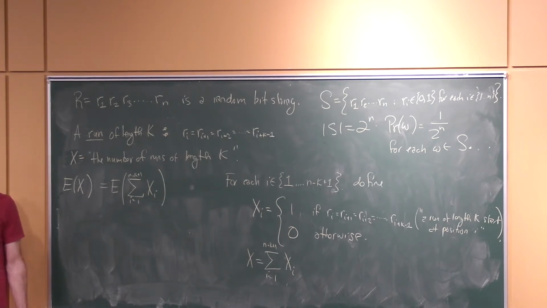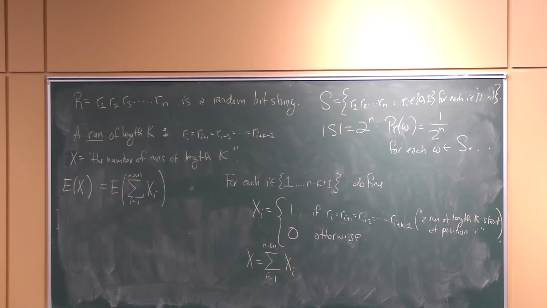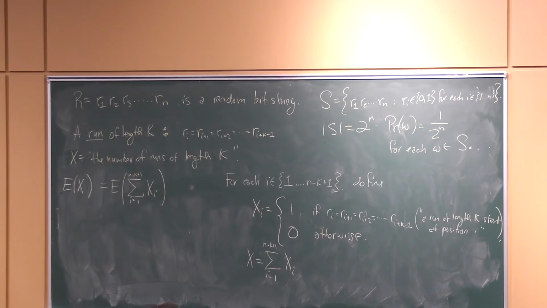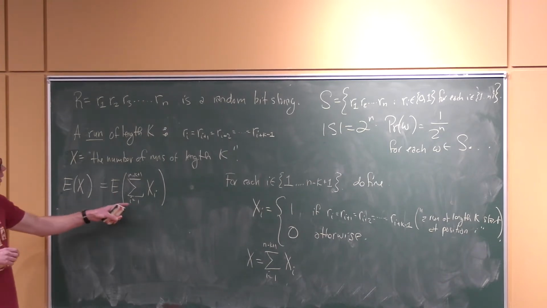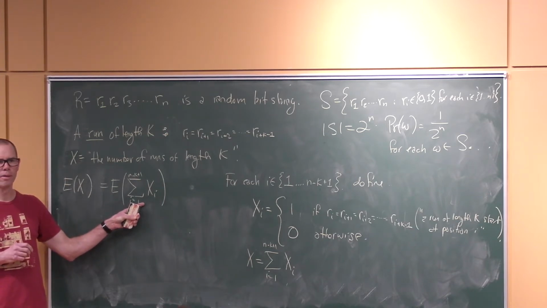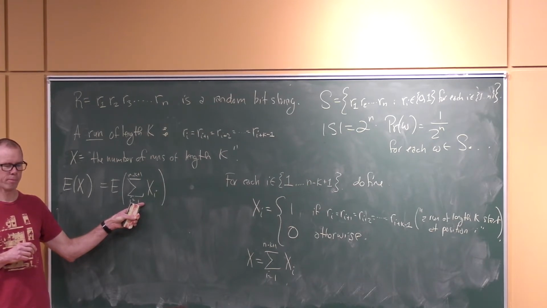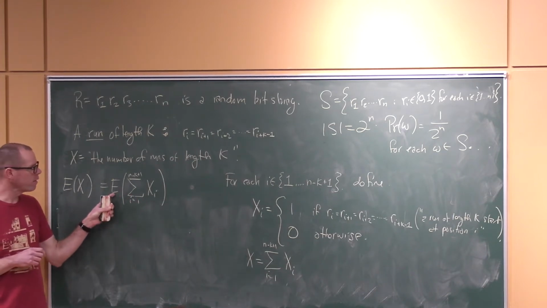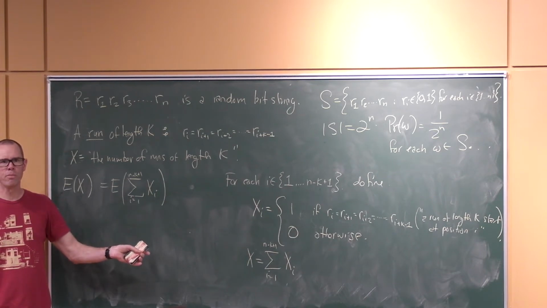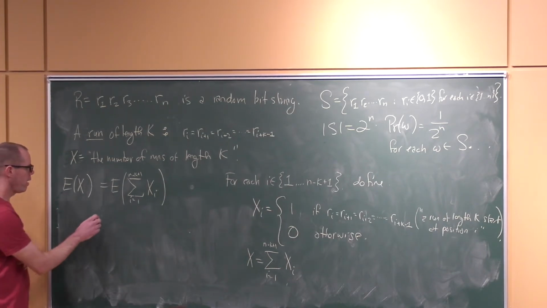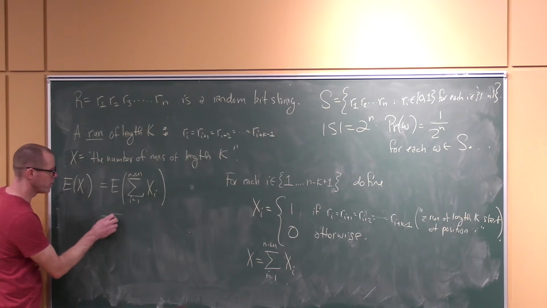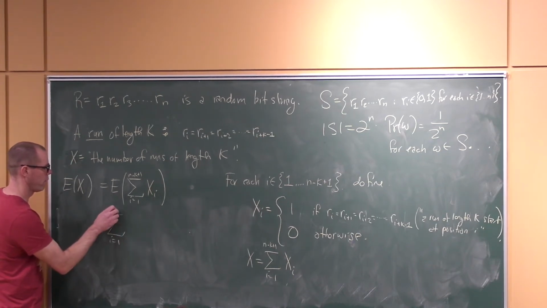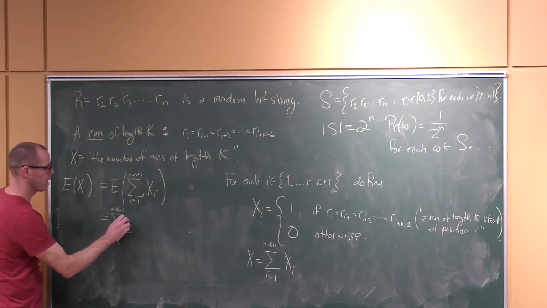What should we do next? So we have the expected value of a complicated sum. Yeah, a sum of expected values. So now we use linearity of expectation. This is the expected value of x1 plus x2 plus x3 all the way up, and linearity of expectation says that's equal to the sum of the expected values.